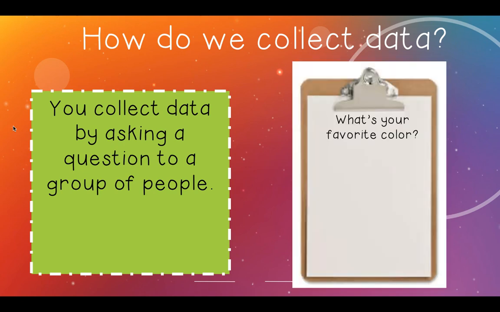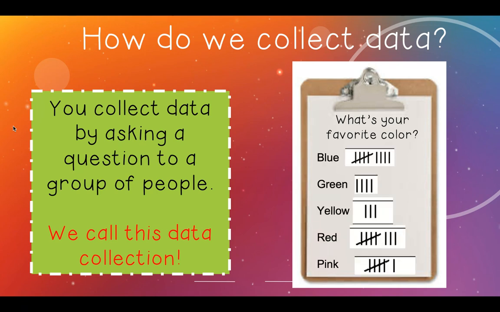So you might ask, what's your favorite color? And then you would choose colors that people had to choose from. We call this data collection. The colors I chose were blue, green, yellow, red, or pink. Every time somebody chose a color, you can put a tally mark. And then this is your data.